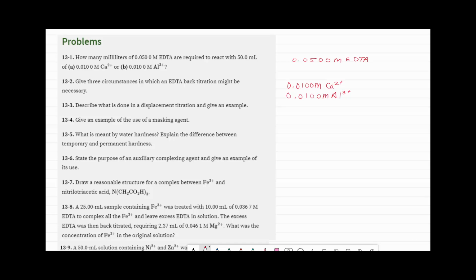So if we have 50 milliliters, 0.0500 liters of a calcium solution, and that calcium solution has a molarity of 0.0100 moles per 1 liter, then we need 1 mole of calcium to react with 1 mole of EDTA.